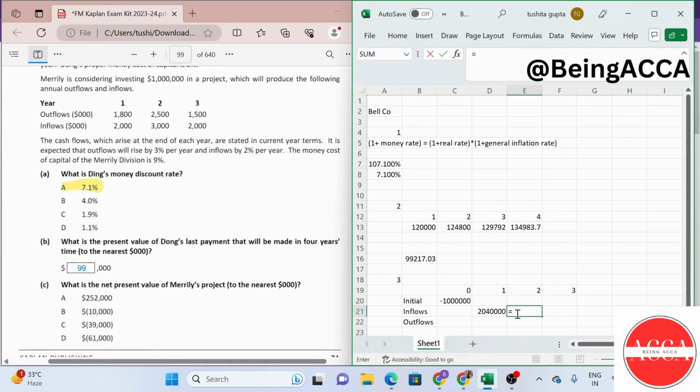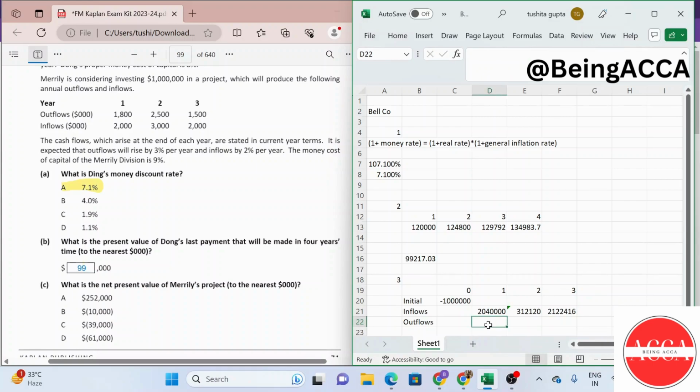Then again, for the next year, this is 3000 and this is 1.02, raised to the power of the year that it is coming in. And we have the last inflow as 1000, and I will just raise it to the power of 3 because it is coming in the third year. With this, we have all our inflows that we will be getting.